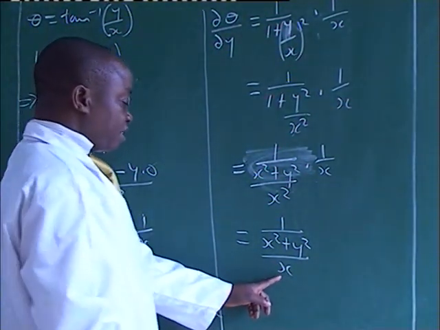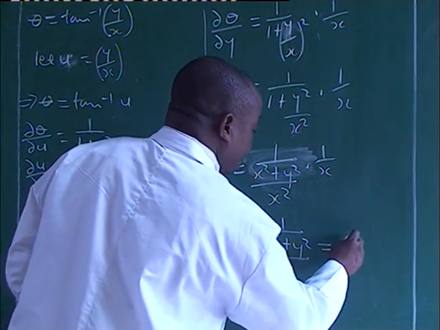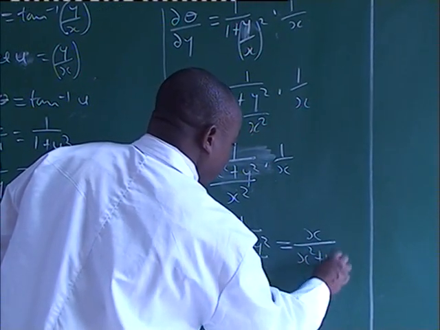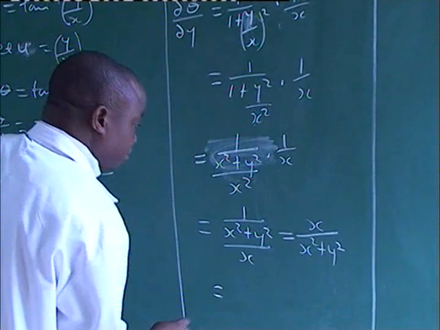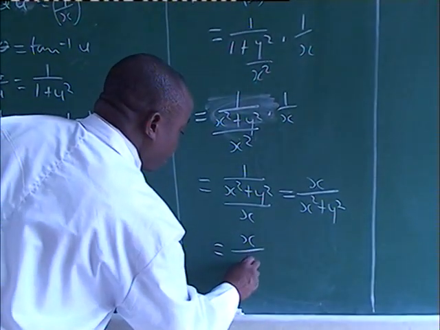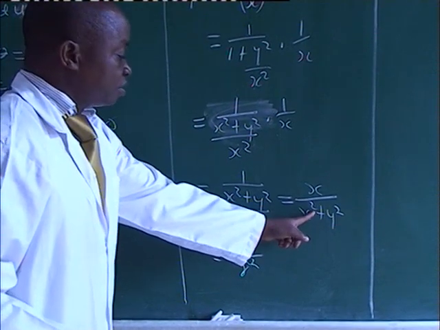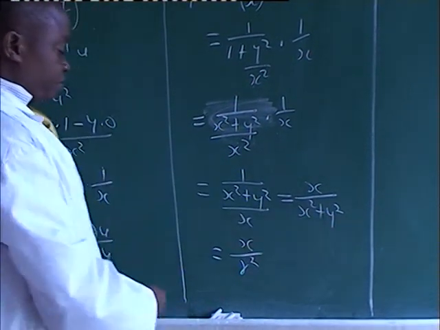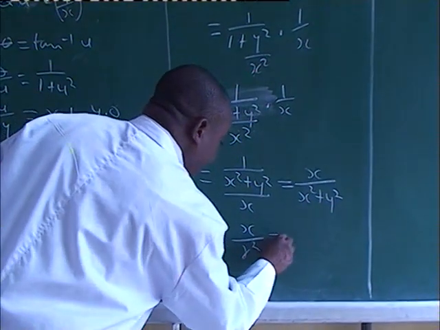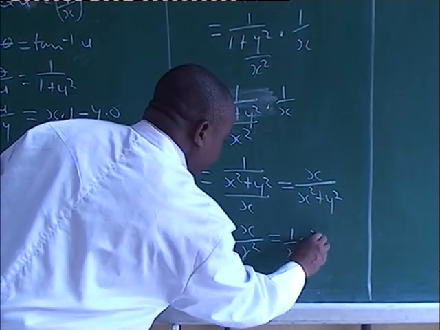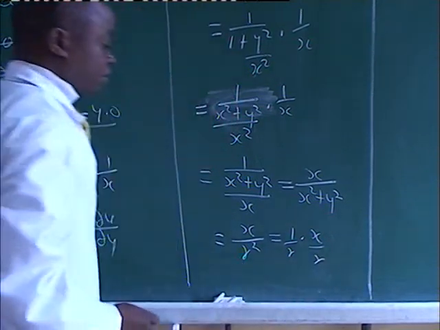Now, if I have this, it is the same as writing x over x squared plus y squared, which is the same as x all over r squared. We know that r squared is x squared plus y squared. Now, this is the same as 1 over r times x over r.